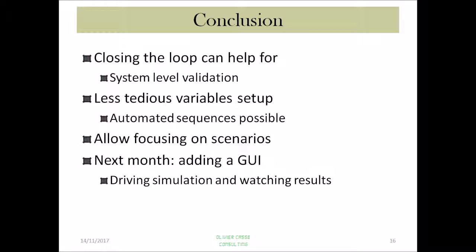In other words, that means we need to close the loop to bring our system model next to an environment model, where input will be connected to output and vice versa. So back to our latch Boolean value, this will be managed by our environment model, which will be in charge of mimicking the external world. Automation is the way to go for focusing on scenarios for validation of requirements.